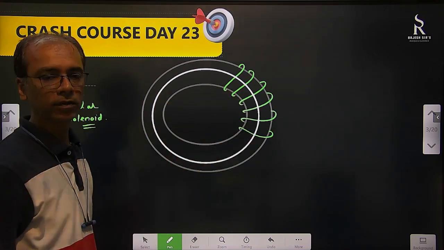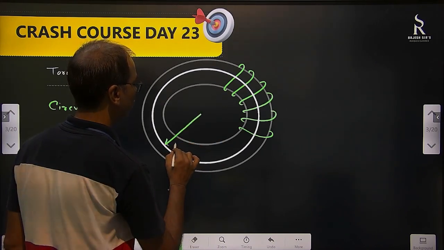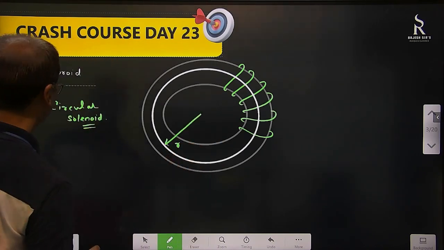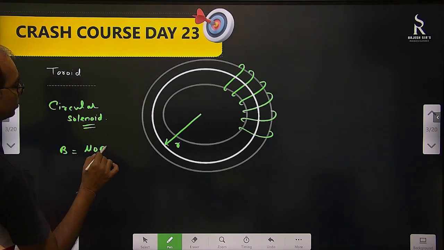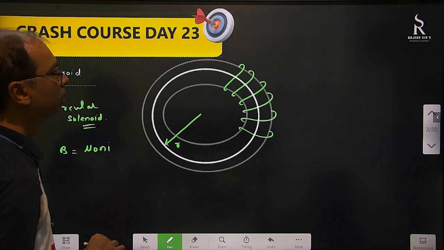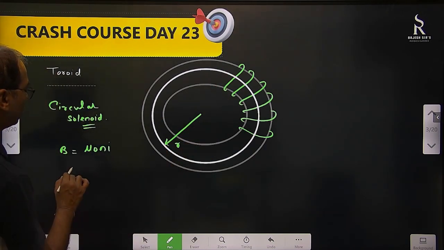And how much is the magnetic field in this case? We all know that the magnetic field we found in the solenoid's case was mu naught nI, and I is the current. Here also the current is I. Now n is the number of turns per unit length.